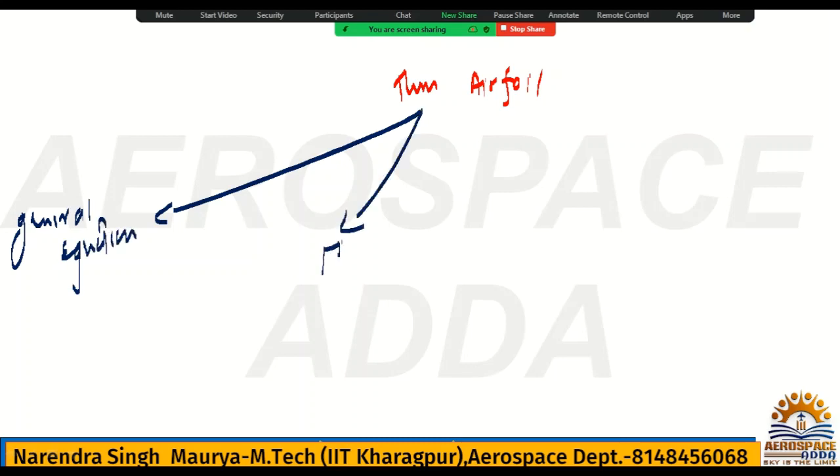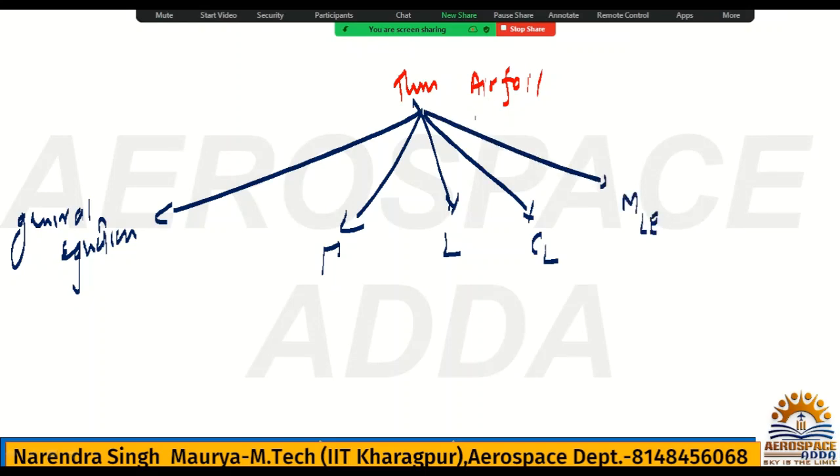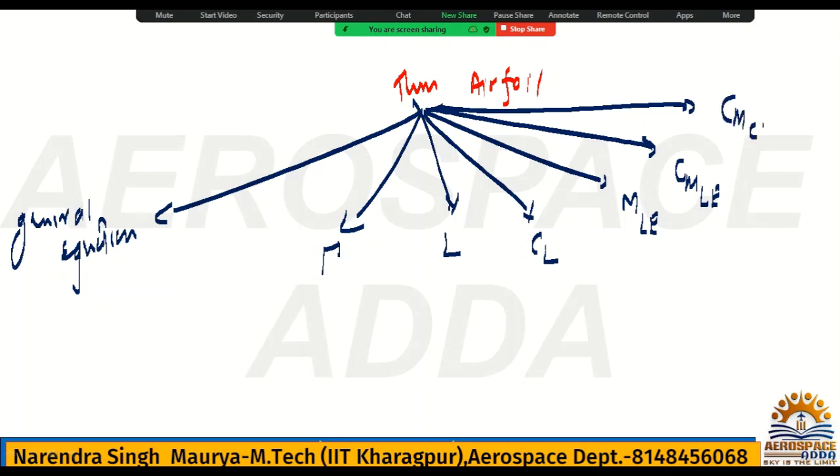We have seen the circulation, the lift, the CL, we have calculated moment about leading edge, pitching moment about leading edge, and pitching moment at quarter chord.